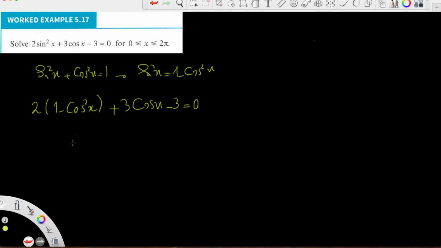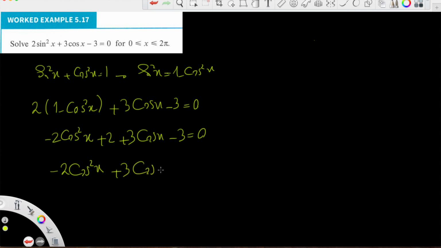As you expand and simplify, it will be minus 2 cosine squared of x plus 2 plus 3 cosine of x minus 3 is equal to 0. So it will be minus 2 cosine squared of x plus 3 cosine of x minus 1 is equal to 0. To make this one positive, I multiply all by negative.